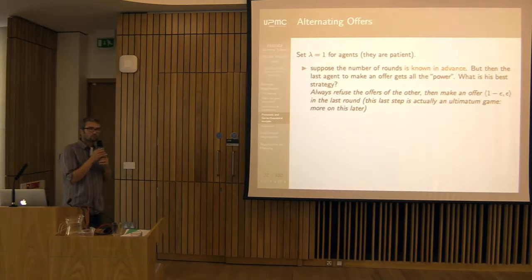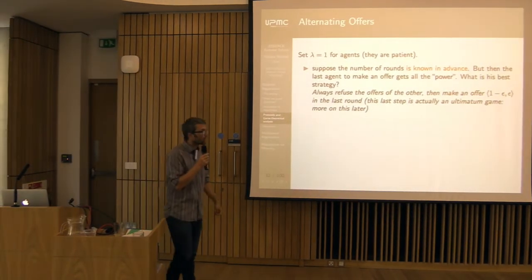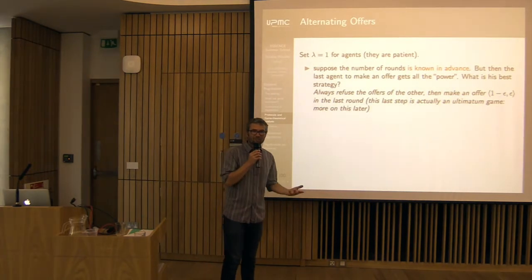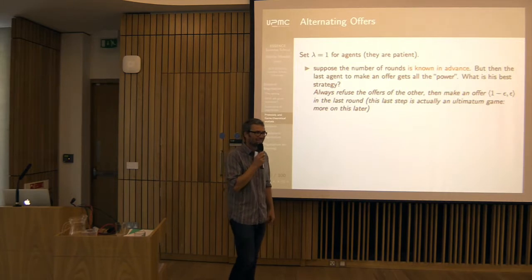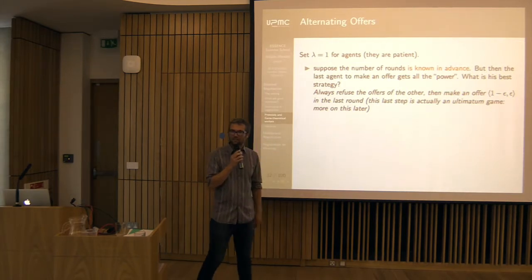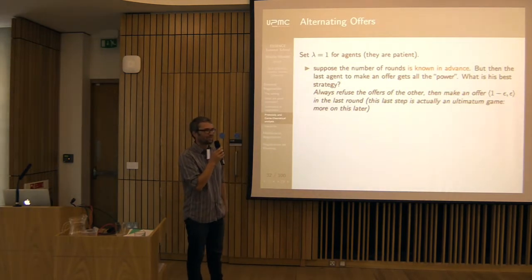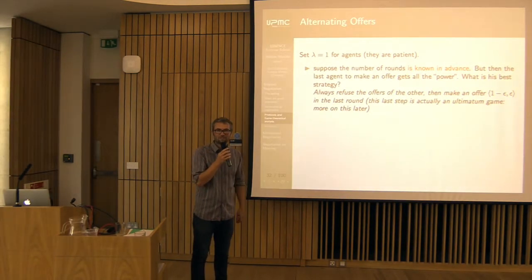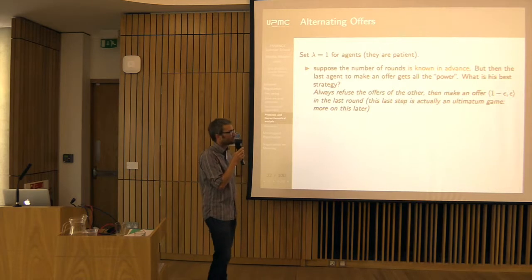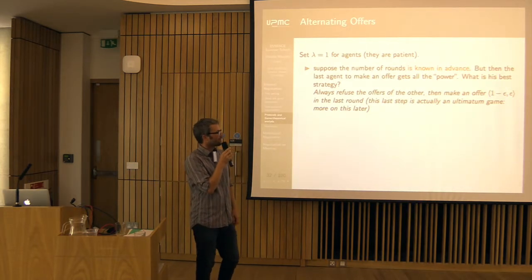You always refuse everything, and then in the last step, you say, okay, now we get to serious things. You have to sit down, and I have this to propose to you. And what is this proposal? I take everything, basically, and I give you epsilon, because I'm very gentle with you.